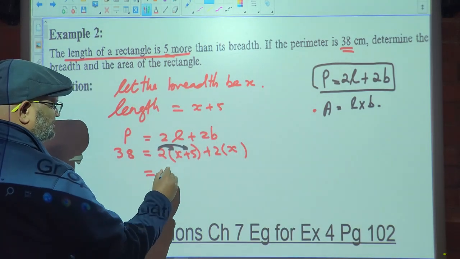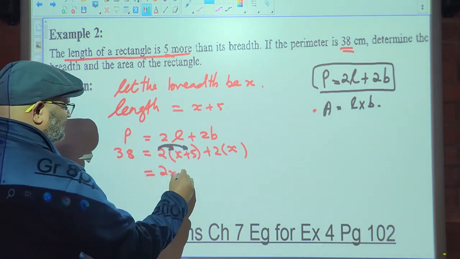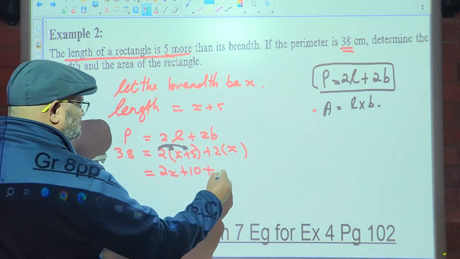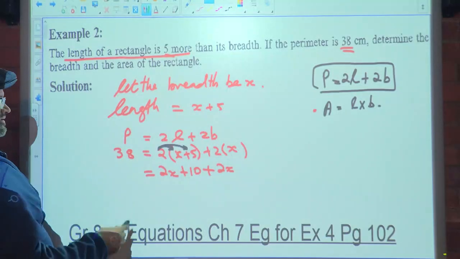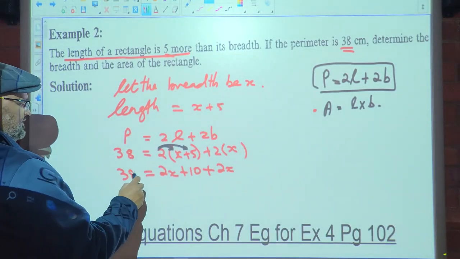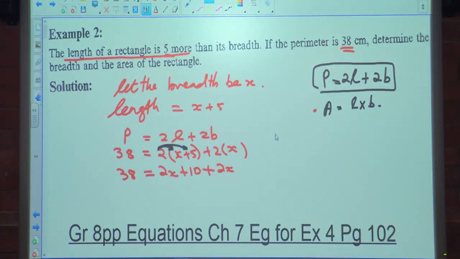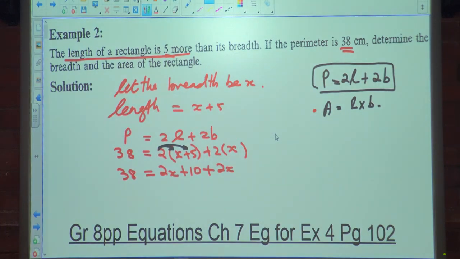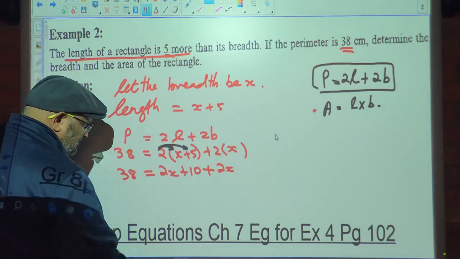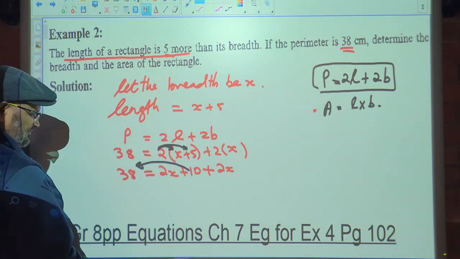What is 2 times x? 2x. 2 times 5? 10. 2 times x? 2x. Equals 38. Okay, so what do we do now? x is one side, numbers the other side. Not so? We bring this 10 over the equal sign.